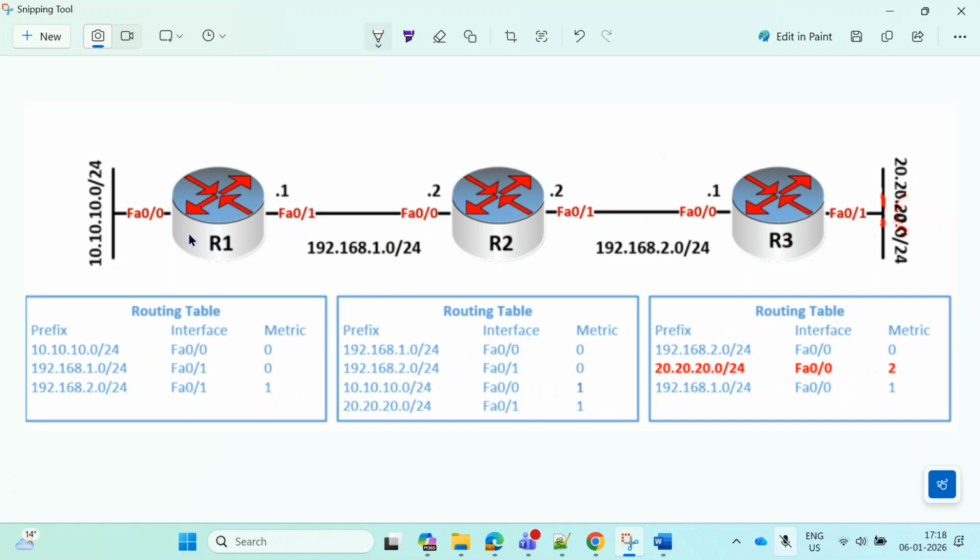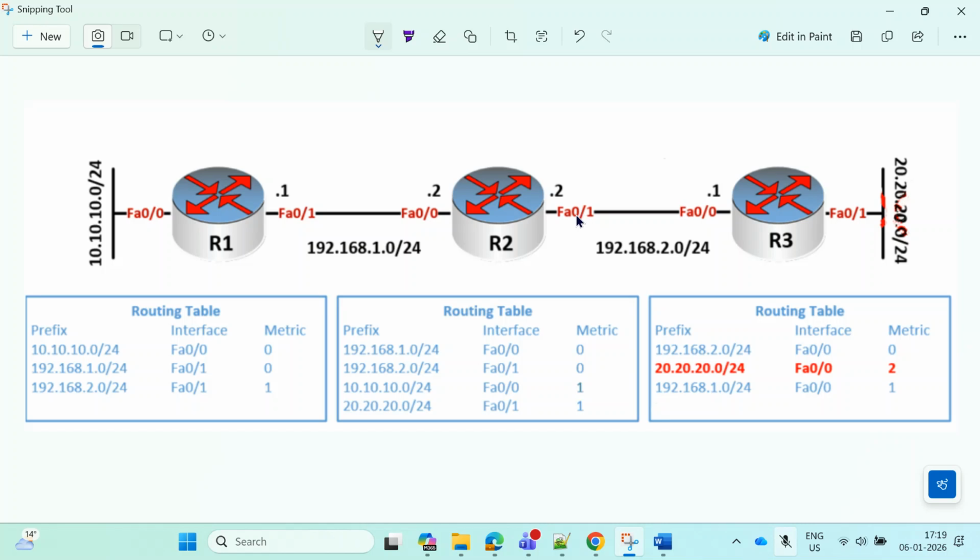Why? Because 10.10.10 is advertised from R1 to R2, but due to the iBGP split horizon rule, the 10.10.10 subnet will not be advertised to R3.